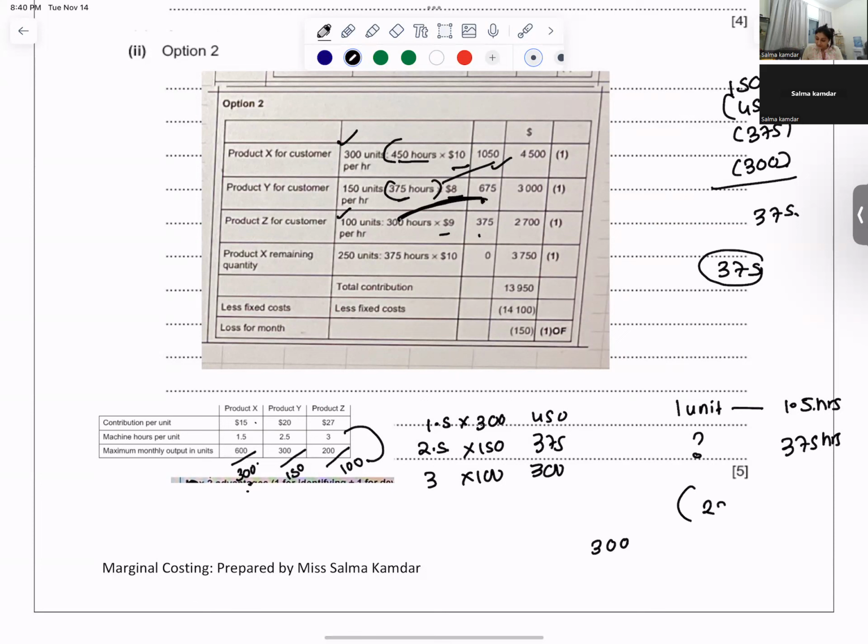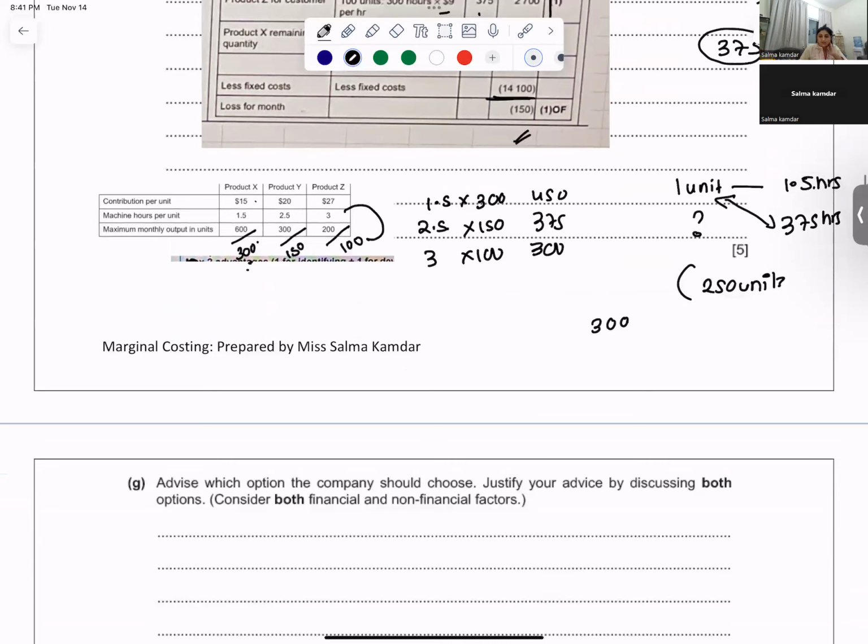So you can make 250 units of product X in 375 hours. You will multiply it with the contribution per limiting factor and you will get 3,750 as your total contribution. You will add all this, your total contribution is 13,950 minus the fixed cost. So if you fulfill your major customer's order, then you are making a loss for the month.